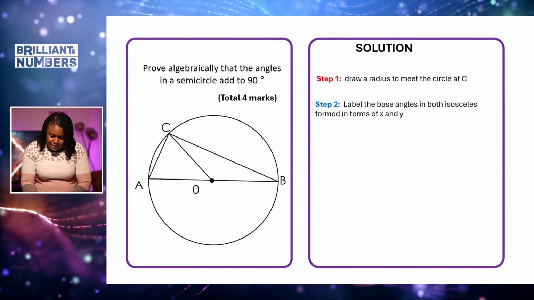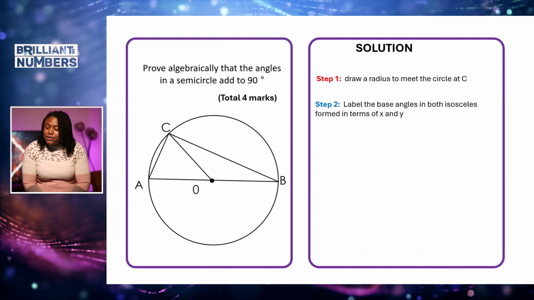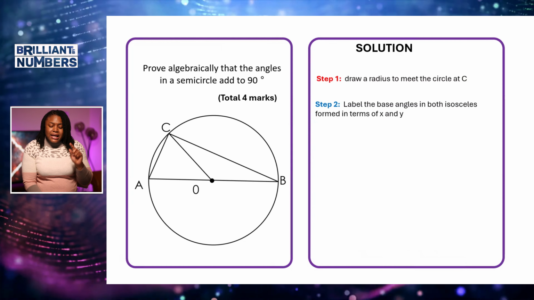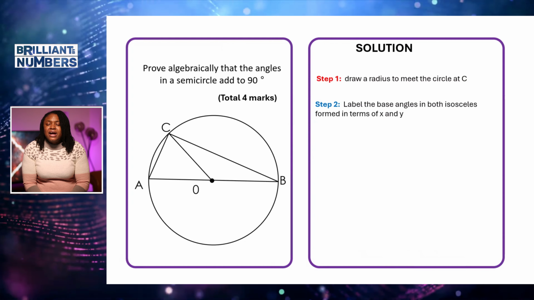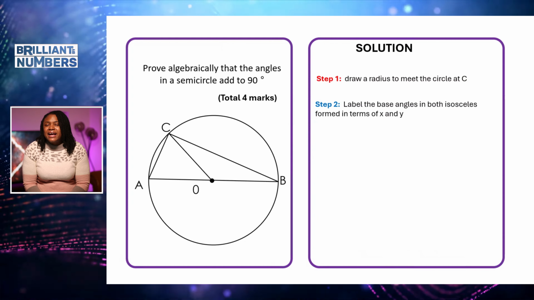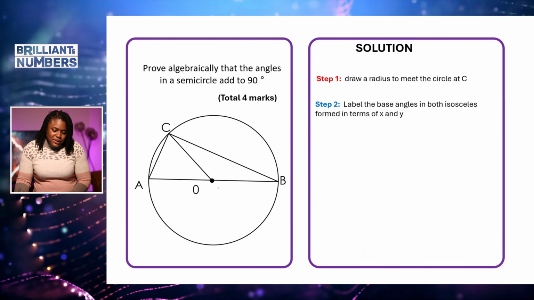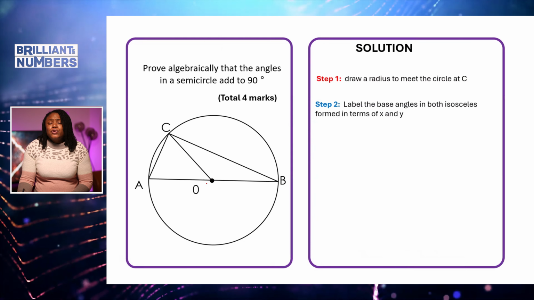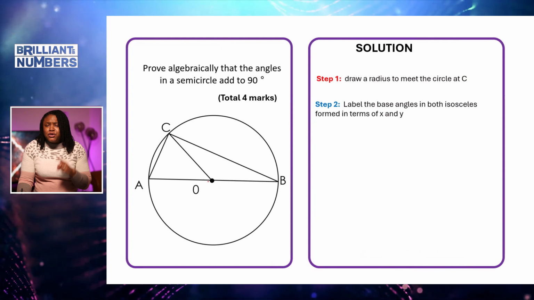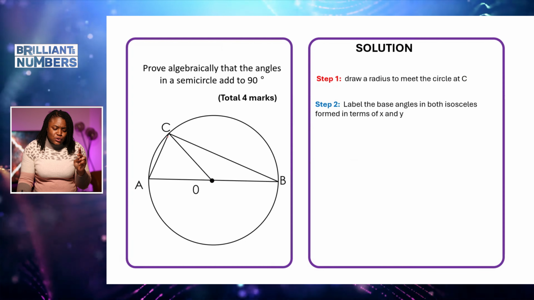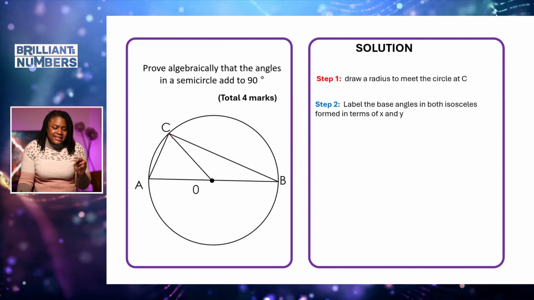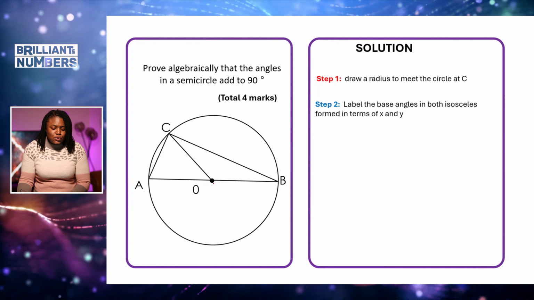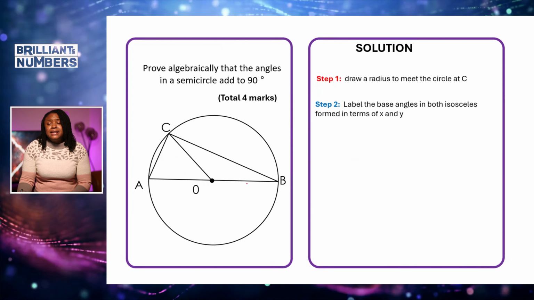Now our second step, we need to label the base angles in both of the isosceles triangles that are formed in terms of X and Y. Just to reiterate, once you have a triangle with 2 radii, we explored that theorem, it creates an isosceles triangle. So triangle OAC is isosceles, and also triangle OCB.